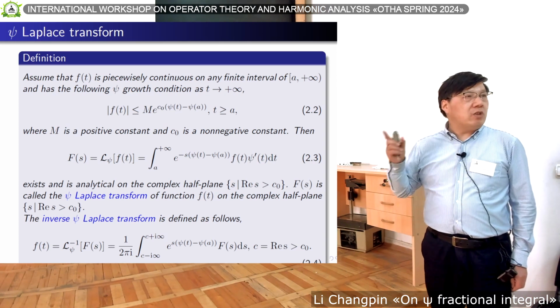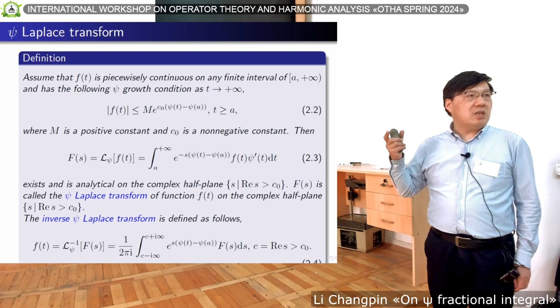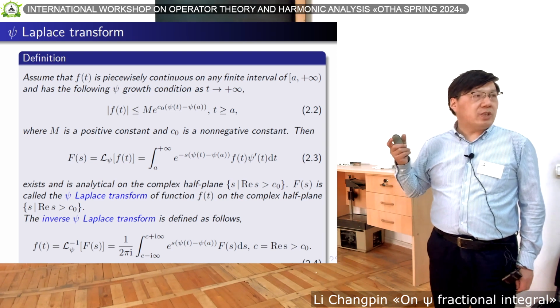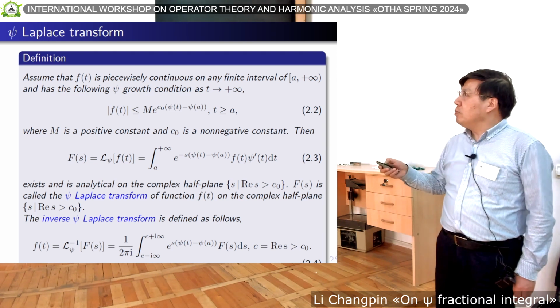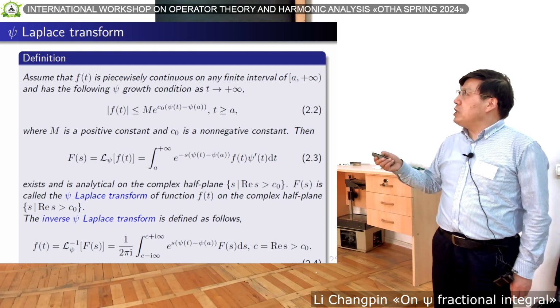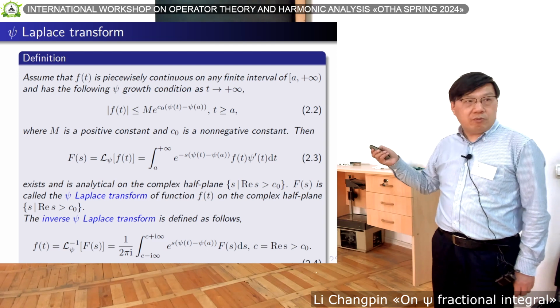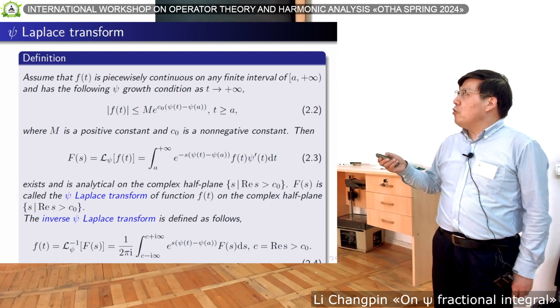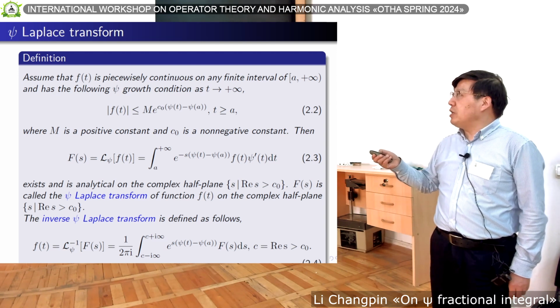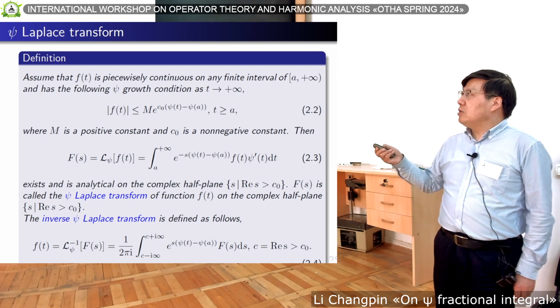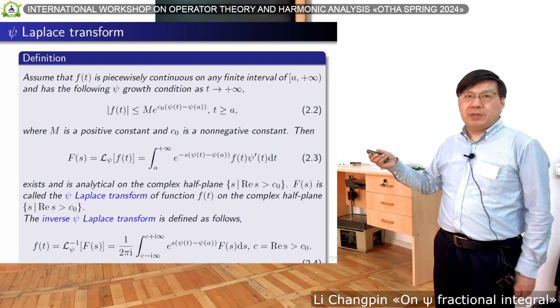Now we introduce the corresponding integral transforms. First, we introduce the Laplace transform. If f(t) is piecewise continuous on any finite interval and has the following precise growth condition like this, we can define this.